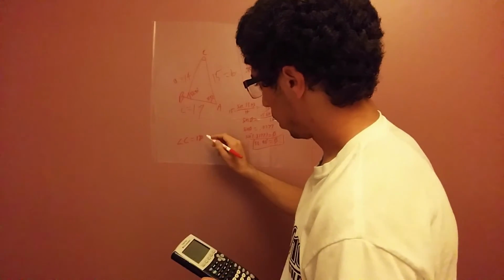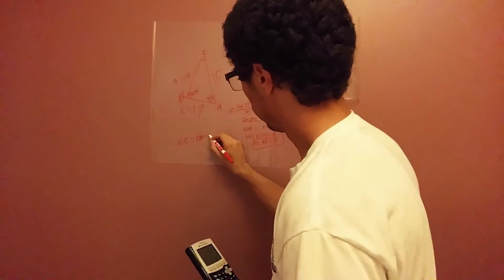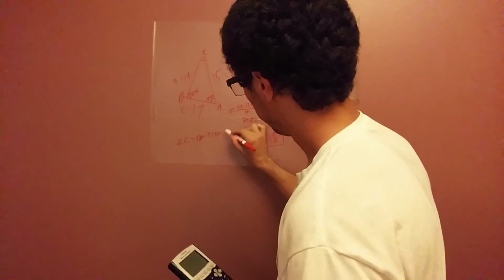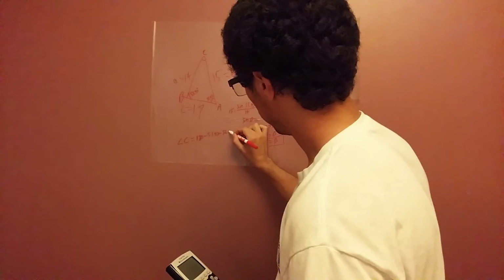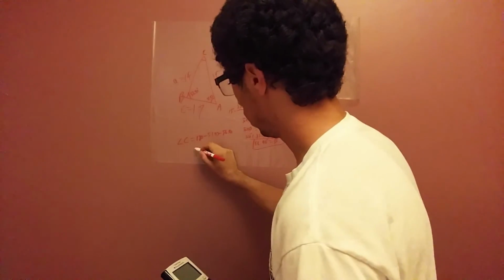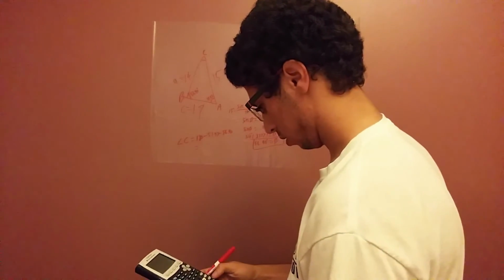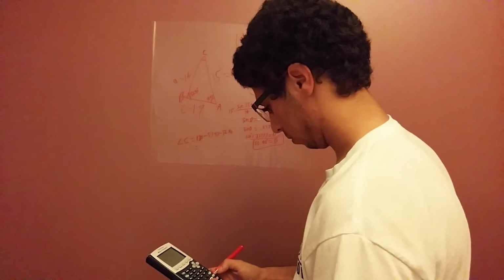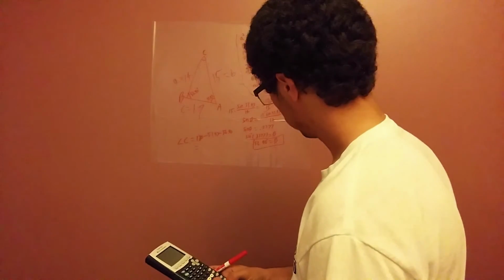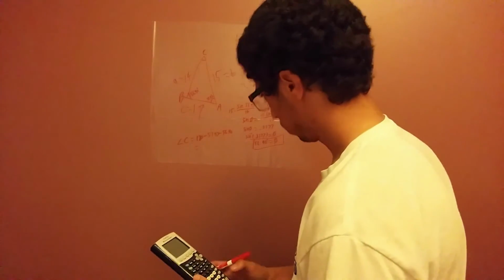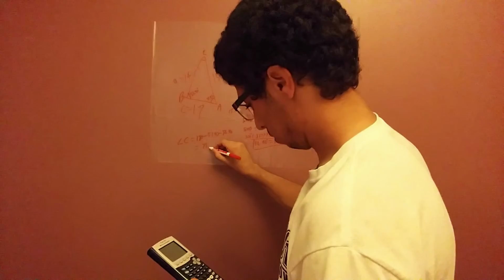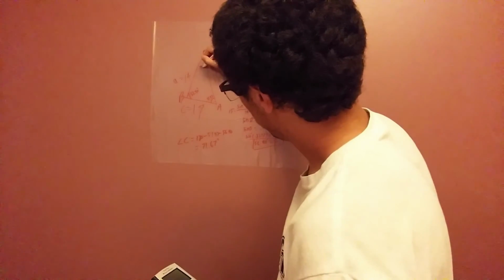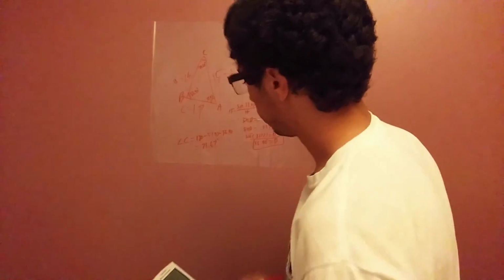So it's 180 minus 51.43 minus 56.90 equals 71.67 degrees.